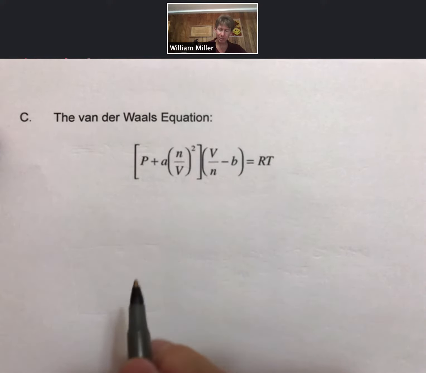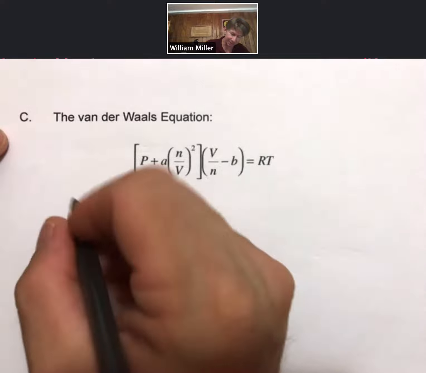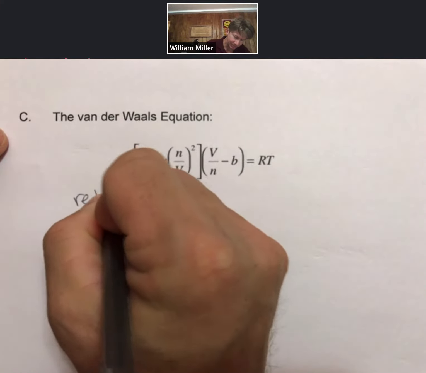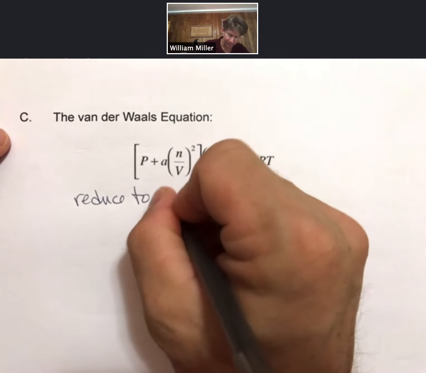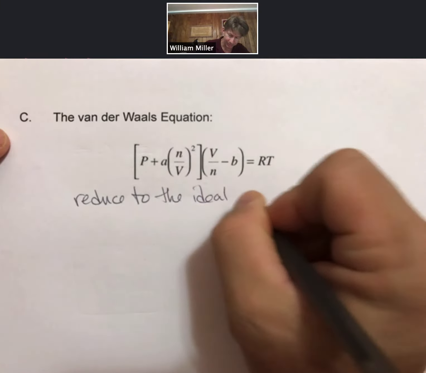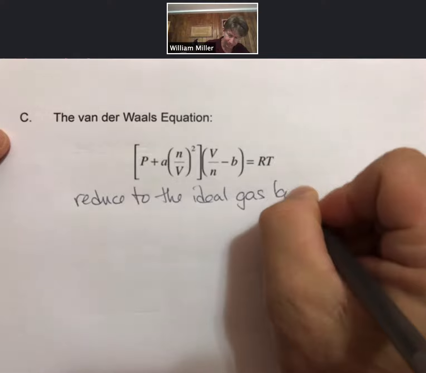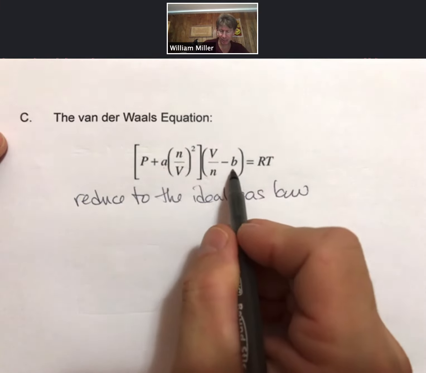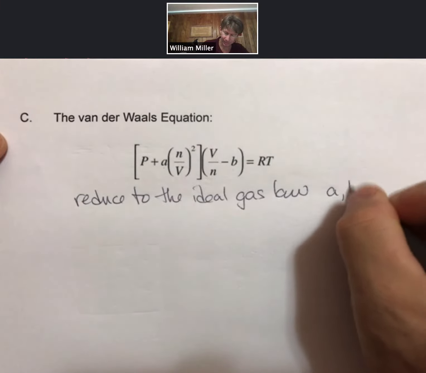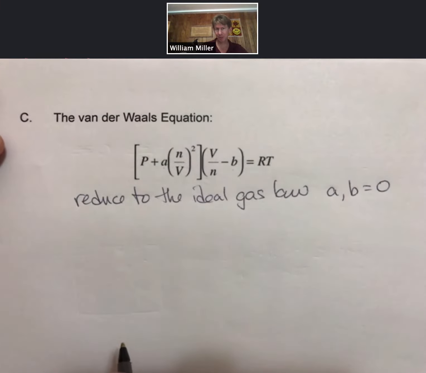What we can do is reduce this to the ideal gas law when these two constants, A and B, both equal 0.